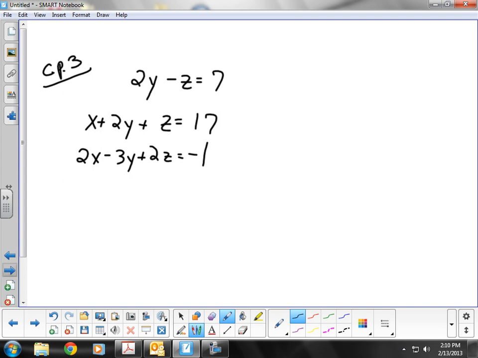Like I say, what happens here is that we actually get to cut out a step. I don't need an equation 5 if I do this carefully. I want you to look at what I could do.